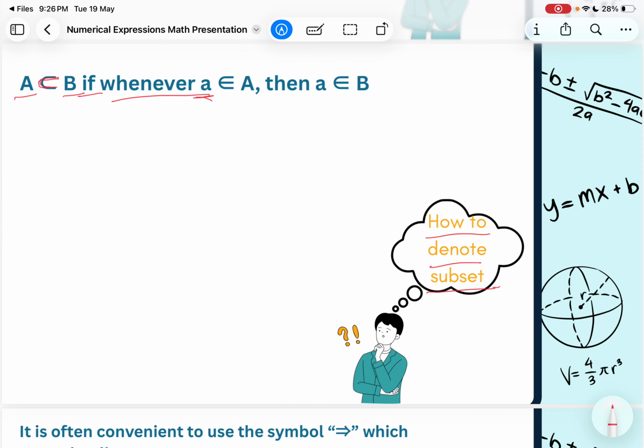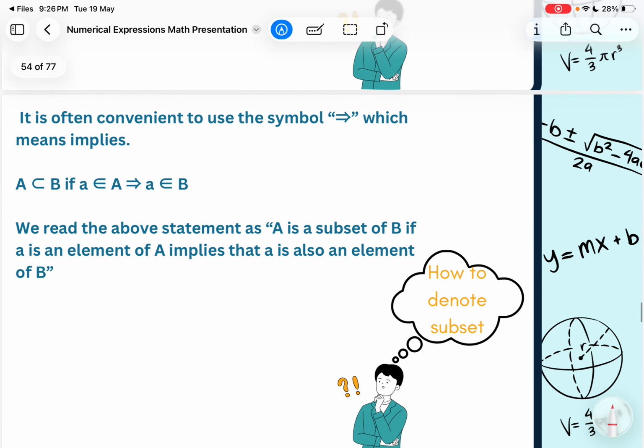Whenever an element a belongs to A, and a also belongs to B, then A will be a subset of B, right?